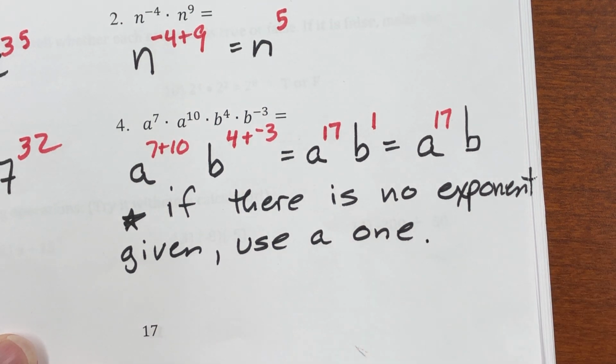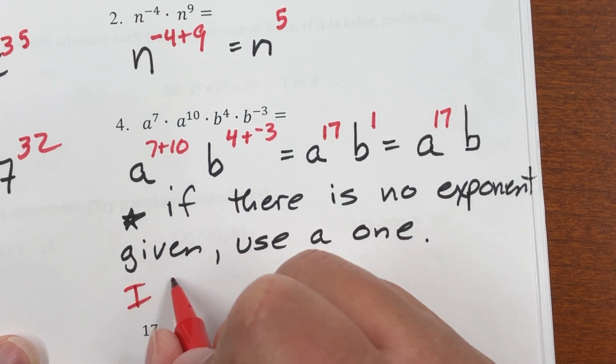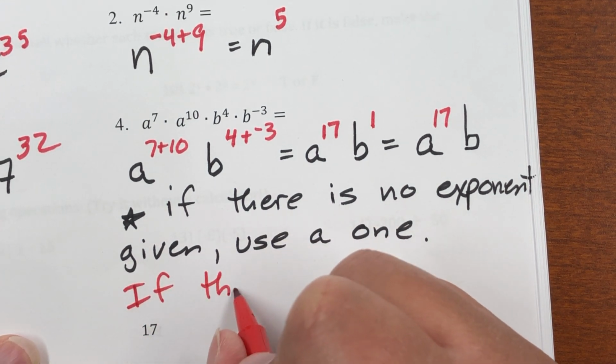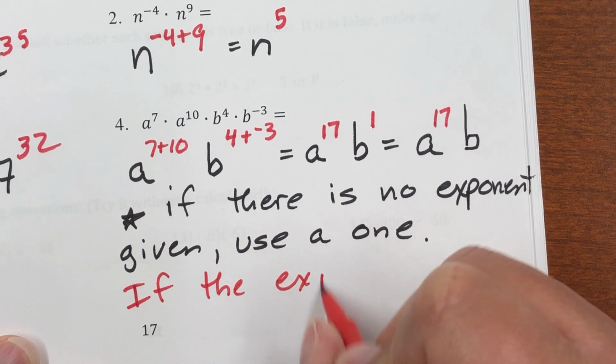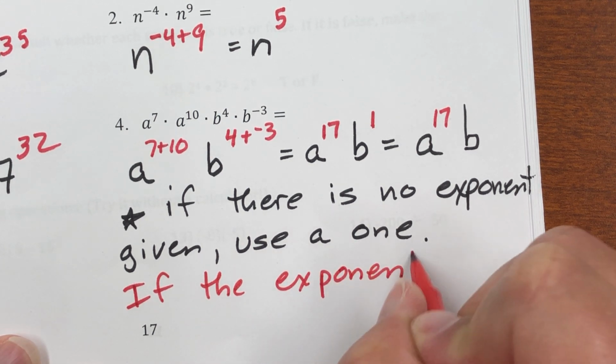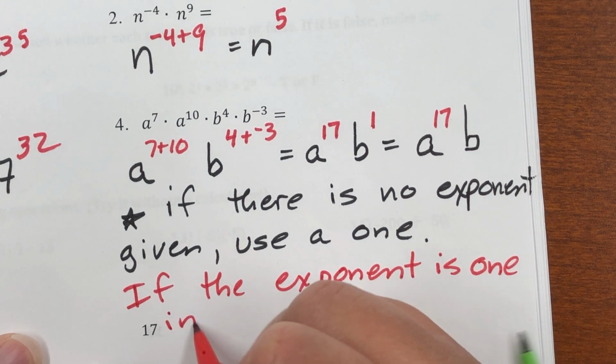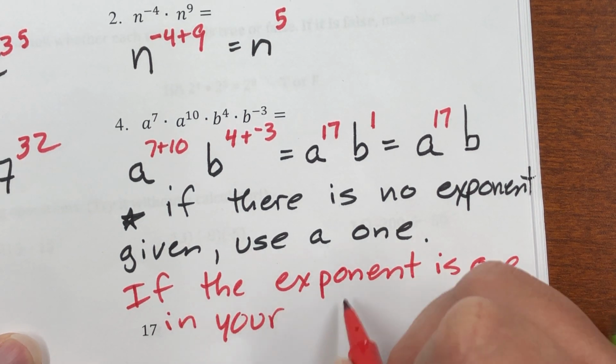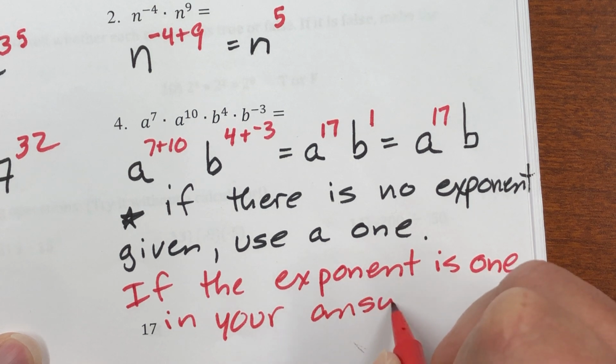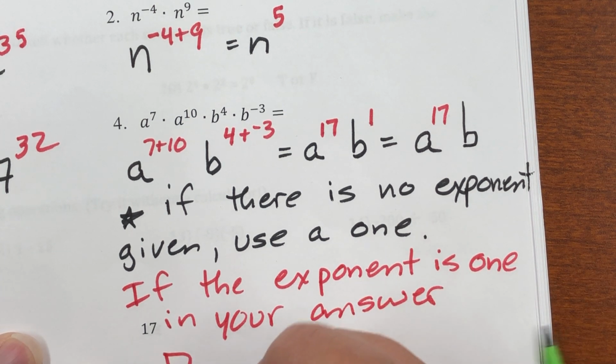Conversely, or opposite of that, if the exponent is 1, in your answer, don't write it.